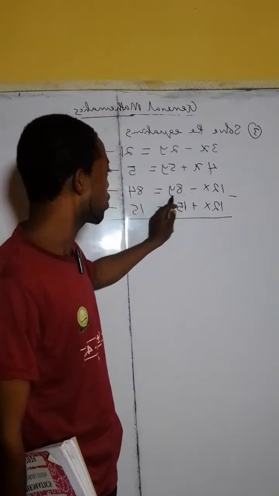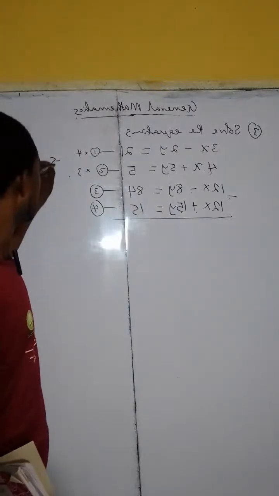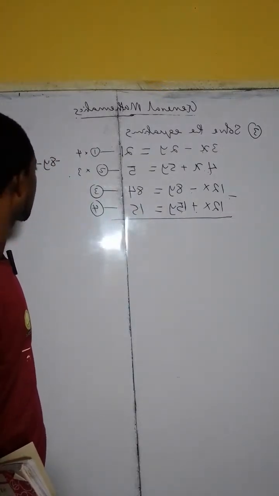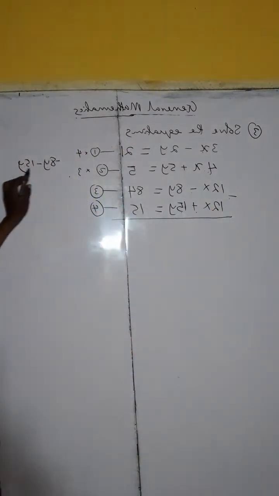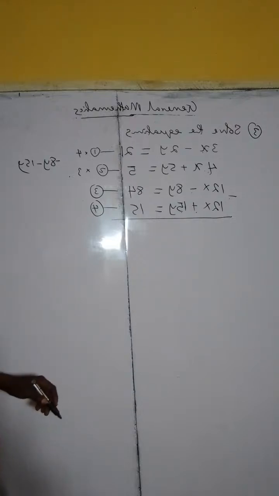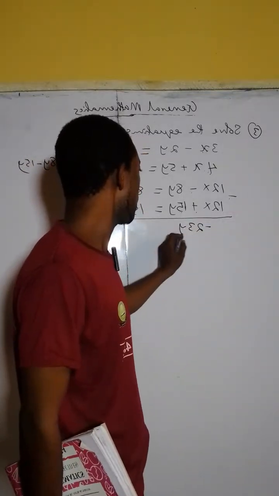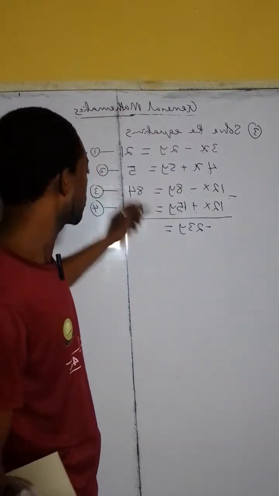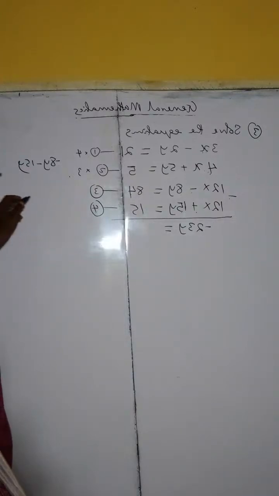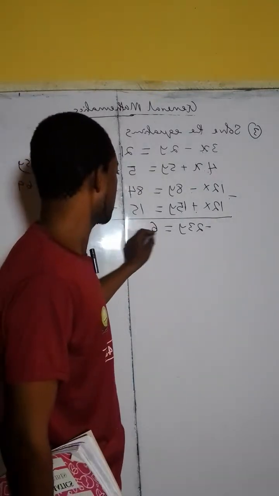We have minus 8y minus 15y, because minus plus is the same thing as minus. So minus 8y minus 15y gives us minus 23y, equals 84 minus 15, which becomes 69.